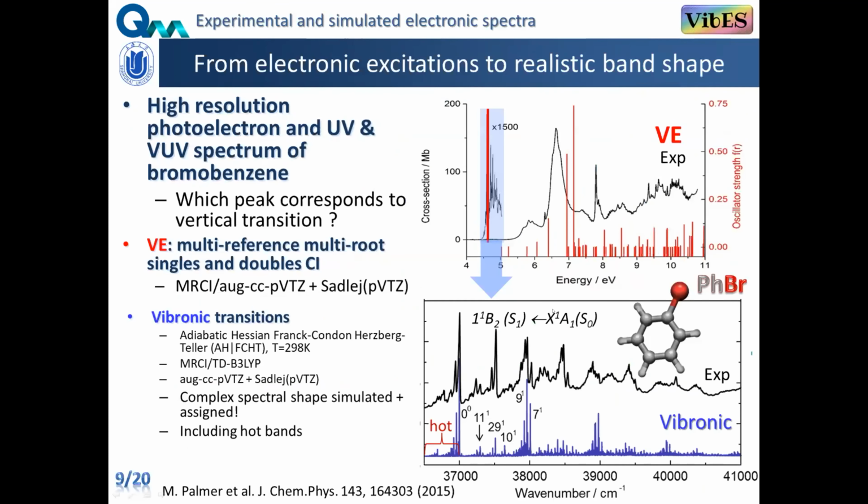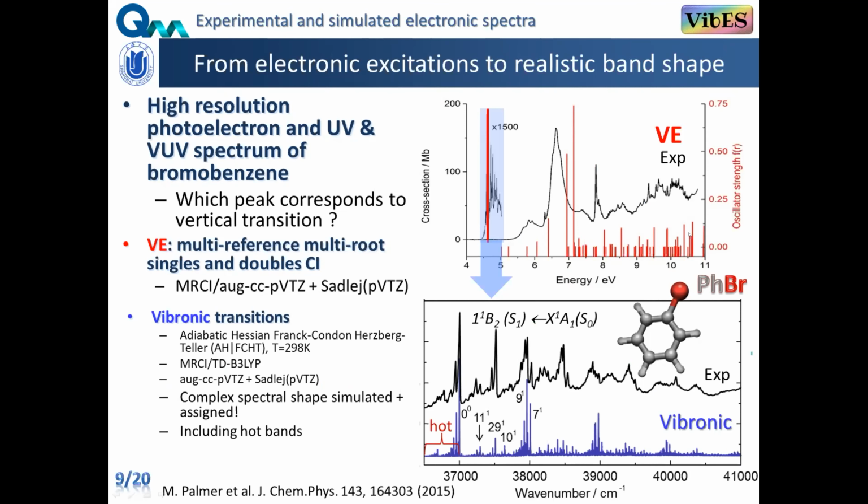If we are moving to the simulations of the electronic spectrum of any type of electronic transitions, here I'm showing the spectrum in a very broad energy range from 4 to 11 electronvolts, encompassing a lot of different electronic transitions.